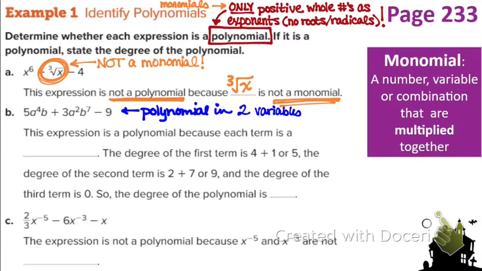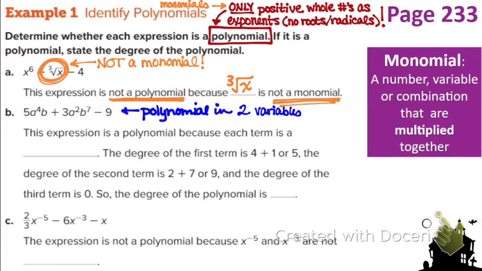All right. We have a polynomial in 2 variables here. Which means that each and every term here is a what?